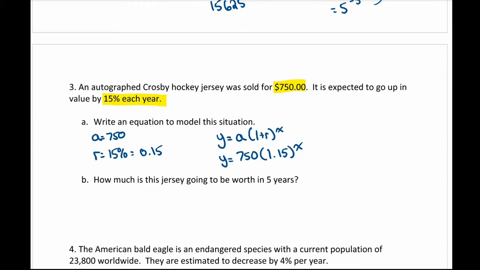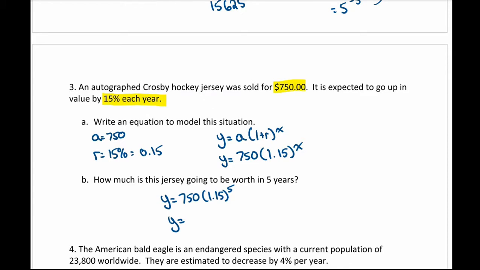So that's our equation. Because it wants to know how much it's going to be worth in 5 years, Y equals 750(1.15). X represents the number of years, so to the power of 5. And this just becomes a calculation. If your calculator doesn't let you do things multiple steps at once, please make sure you follow BEDMAS.